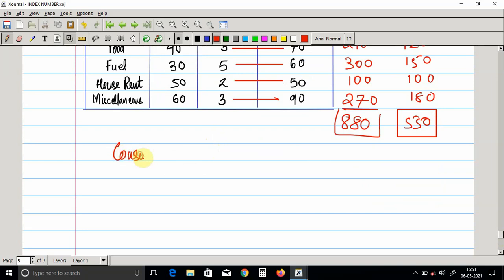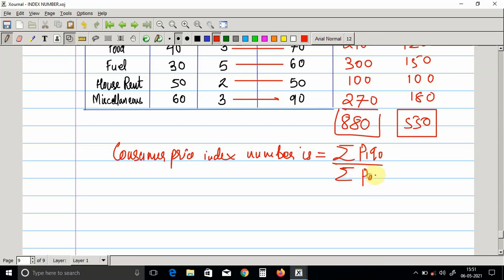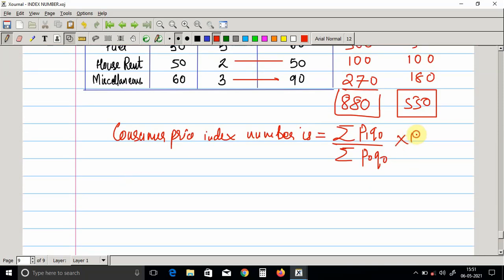So the consumer price index number is the summation of, what should I do? The division of the current amount, which is P1 with old quantity, by P naught Q naught, into 100.